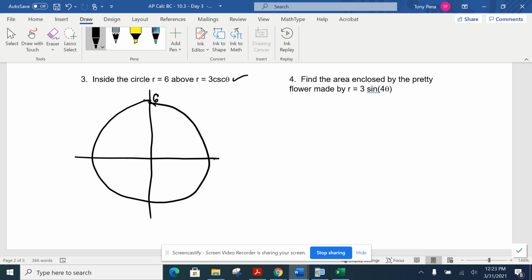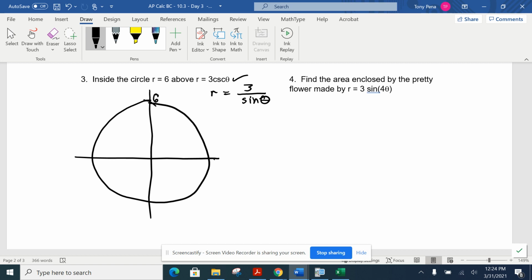The reason I want you to try that is we can't throw the cosecant into the calculator, correct? So we would have to write this as its reciprocal. So instead of 3 times the cosecant, isn't cosecant 1 over sine of theta?